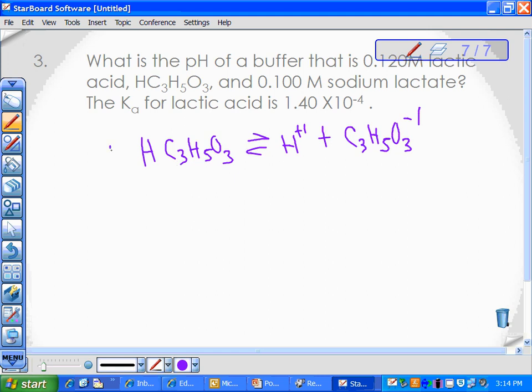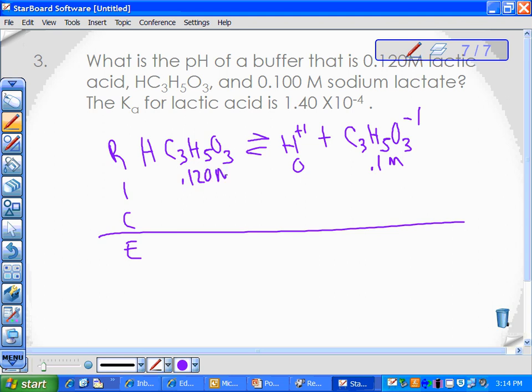So we're going to start out with 0 here. This one is 0.1. This one's 0.12. So looking very similar, and we're going to have minus x, plus x, plus x. 0.12 minus x, x, 0.1 plus x.